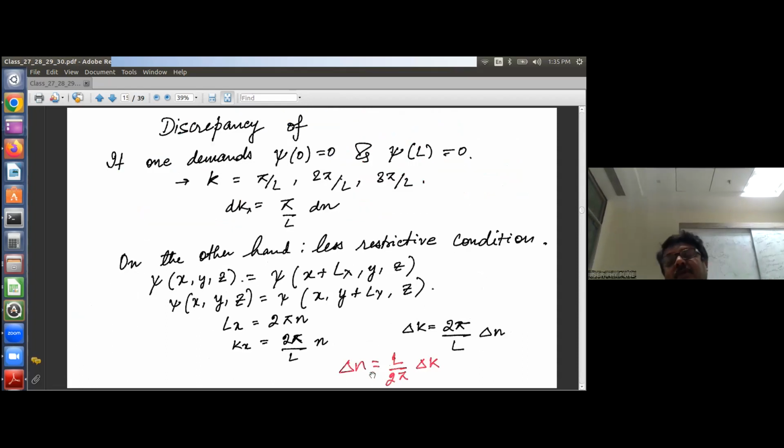If you put these boundary conditions, then you will get L by pi dkx equal to dnx. That would be possible if you have a cubic box, but in general, you can take a less restrictive boundary condition.